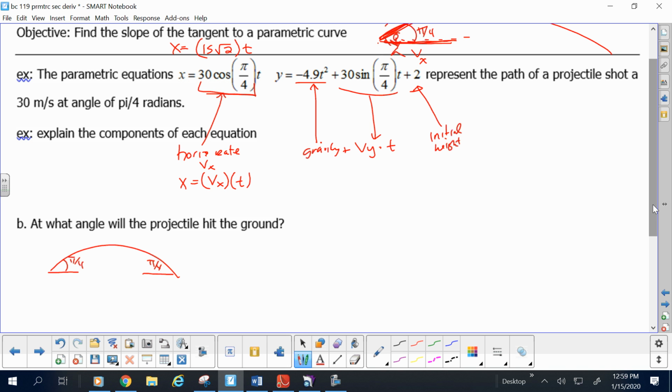It's starting at 2 and going to 0. So the idea that this angle and this angle would be the same, probably not so much, all right? So we need to know, what is this angle? How do you reckon we should do it?